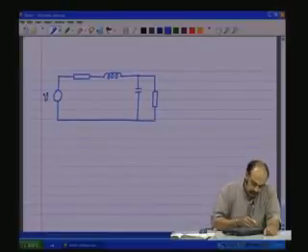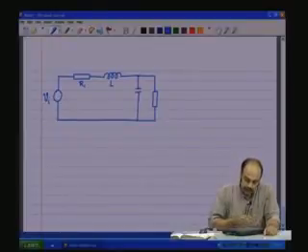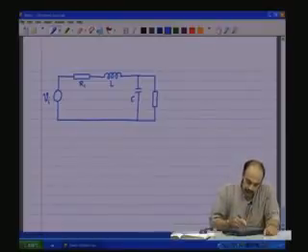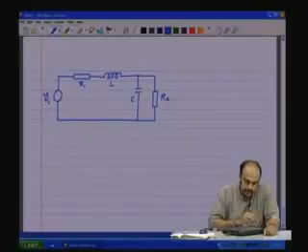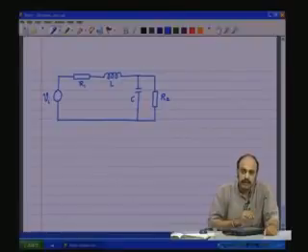So, this is the input Vi. This is one resistor R1 which is in series with an inductor L. There is a capacitance, and there is another resistance R2 which is across C. So, let us say this is the circuit that you want to analyze, which means that you have to have a mathematical representation of the complete dynamic behavior of this circuit.